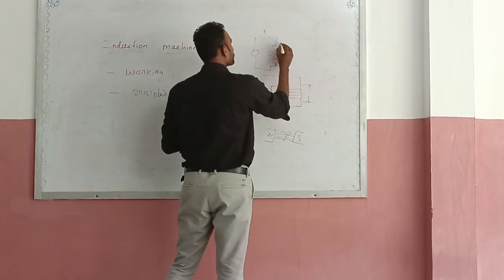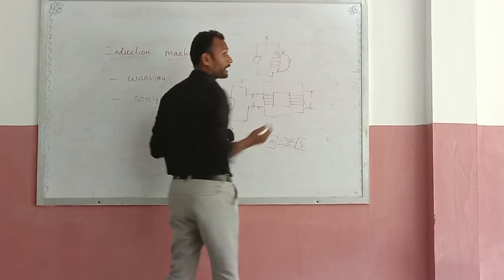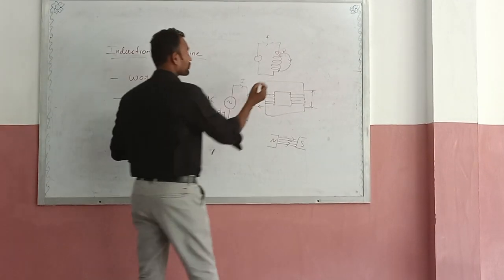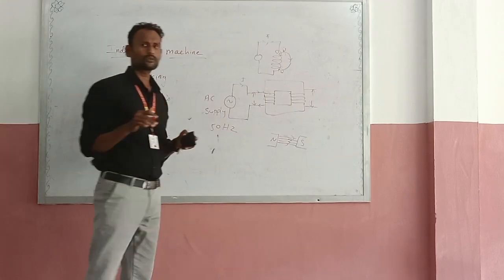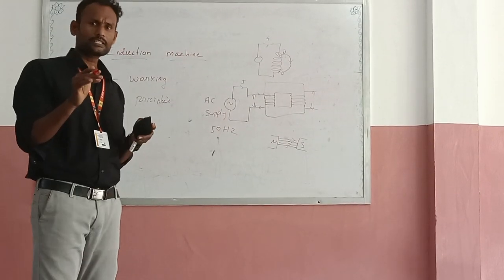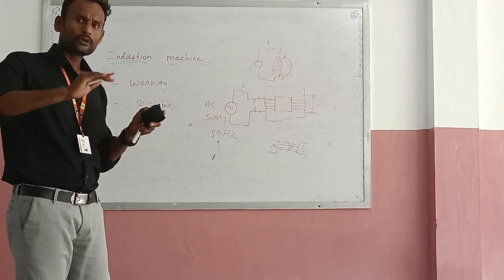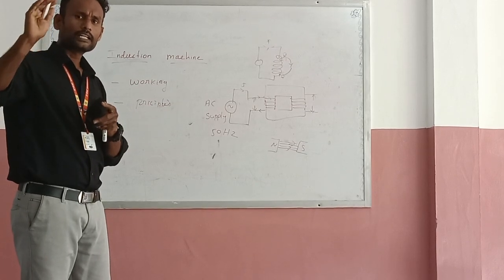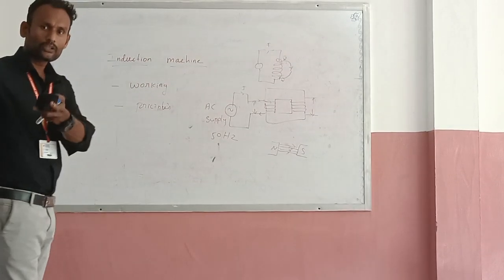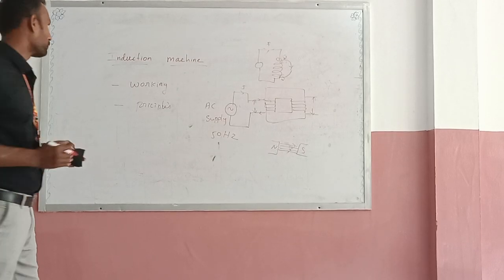This leaving place we call the north pole, and the entering place we call the south pole. So finally, I conclude that flux flowing from core to air is the north pole, and from air to core is the south pole.